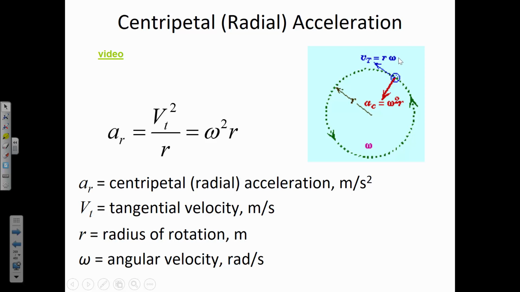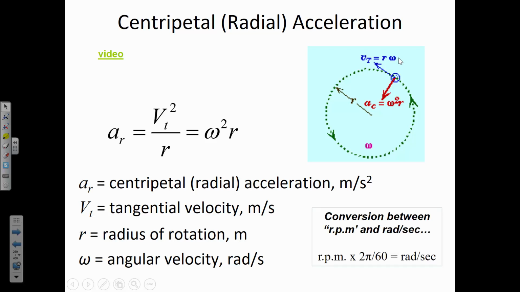the angular velocity. A lot of times when we're dealing with pumps, the rotational rate is described in revolutions per minute, RPM. But when we're doing these centripetal acceleration problems, our angular velocity should be in terms of radians per second. Each revolution has 2 pi radians, and of course there are 60 seconds in a minute.